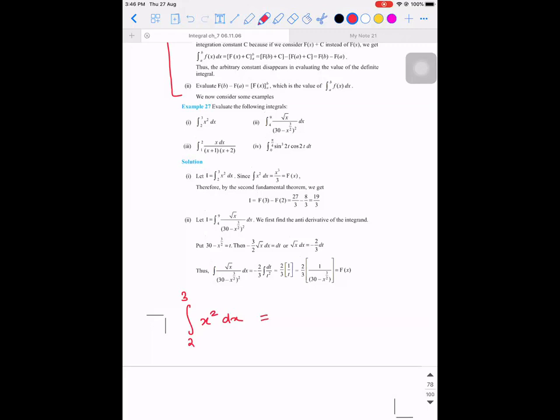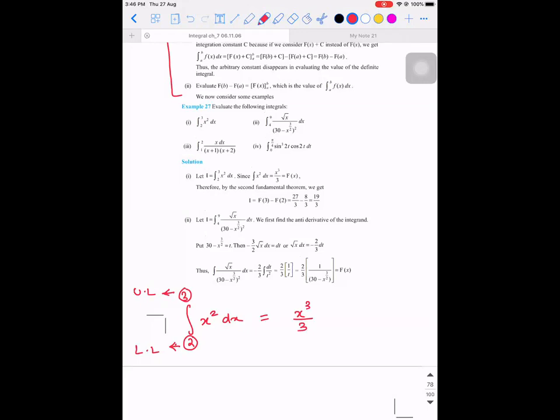What you're supposed to do is forget about the limits. This is called the lower limit and this is called the upper limit. Forget about the limits as of now. If you do a basic indefinite integration of x squared dx, what will be the output? It will be x cubed divided by 3.